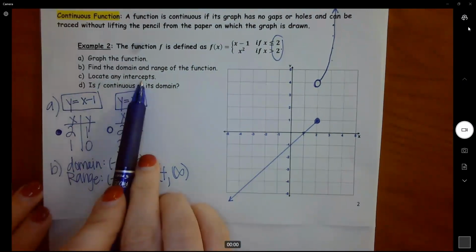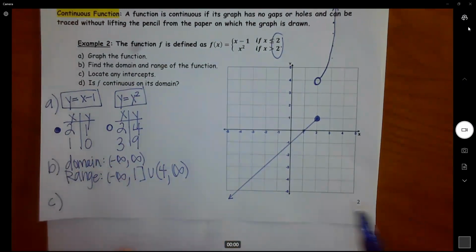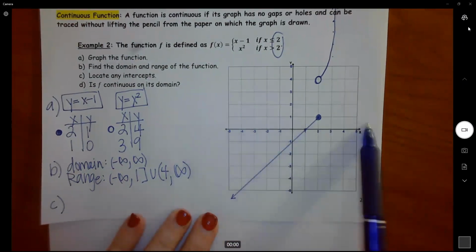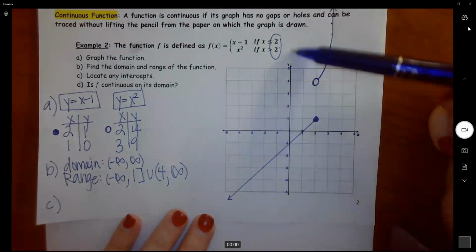On C, I need to locate any intercepts. We seem to struggle with what intercepts are. Intercepts is where does this graph cross the x-axis and where does this graph cross the y-axis?